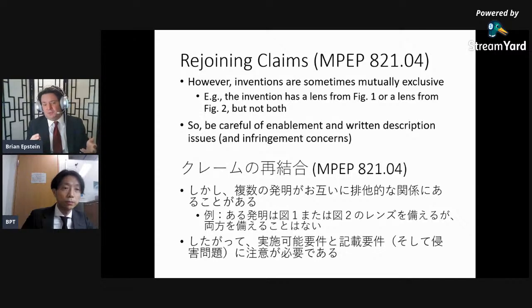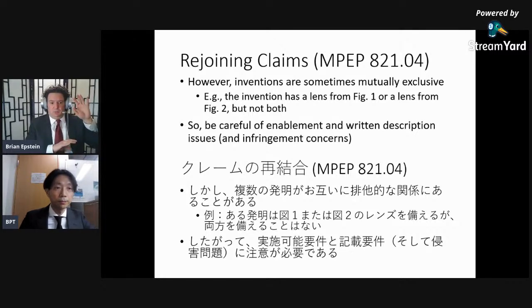So we've got those kinds of concerns as statutory bases for issues relating to the combined subject matter of the two embodiments, right? Because our claims directed to the lens of figure two depend from an embodiment with the lens of figure one.